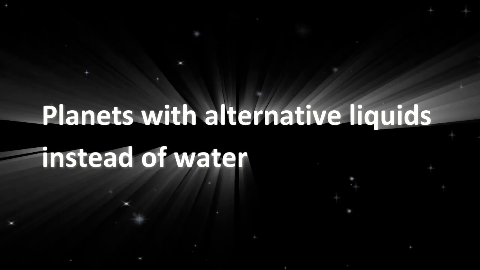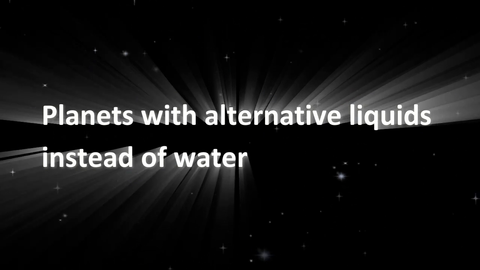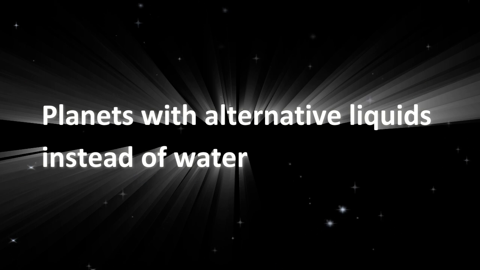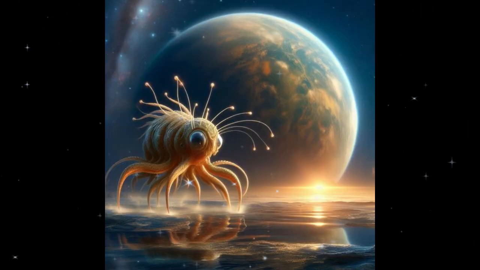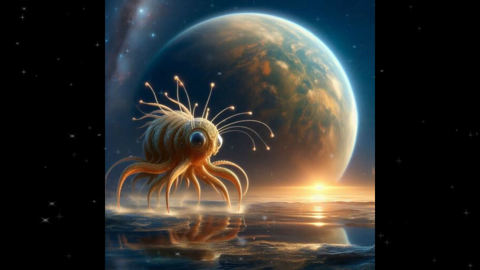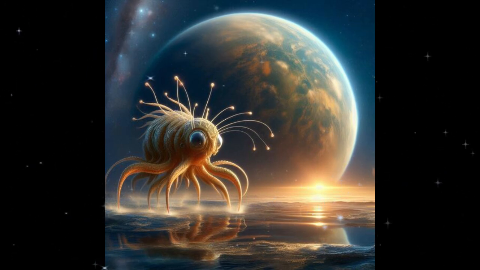Planets with alternative basic liquids instead of water, like methane, for example, the moon of Saturn, Titan. This harsh world has a cold surface with lakes and rivers of liquid methane, ethane, and a thick nitrogen atmosphere. Aliens would potentially have thick, insulating outer layers to retain heat in extremely cold conditions.